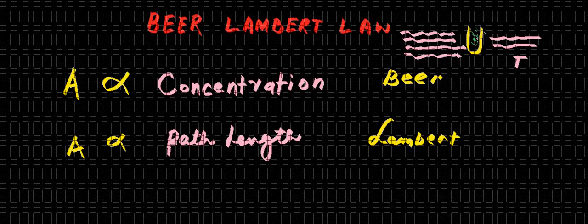So it means that we measure the concentration of analyte here by measuring the absorbance of electromagnetic radiations, and the concentration is directly related to absorbance. Higher the concentration, higher will be absorbance.